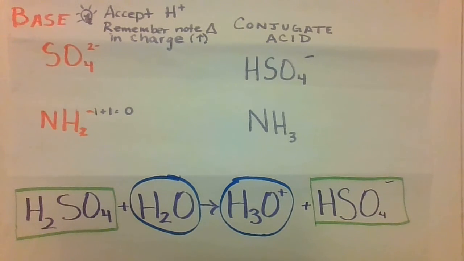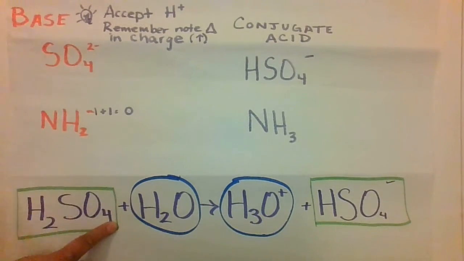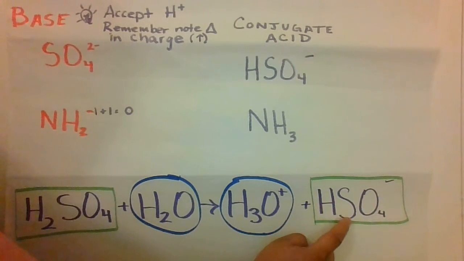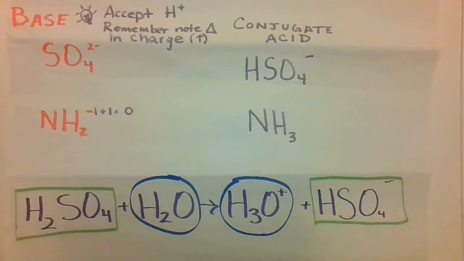So now we need to decide who is an acid and who is a base. And once we determine the acid, we'll know who is going to be a conjugate base on the product side, as well as finding the other component. So if we look here at H2SO4, it changes to HSO4 negative. Did it donate or accept a hydrogen? All right, for those of you that said it donated, you are absolutely correct.